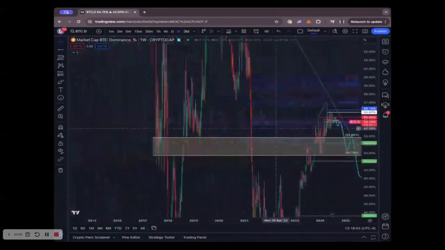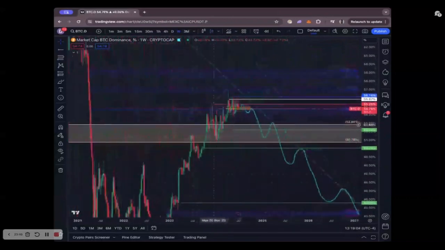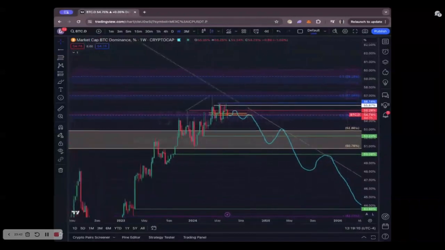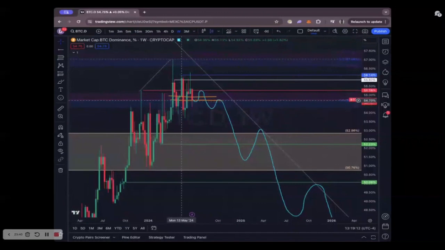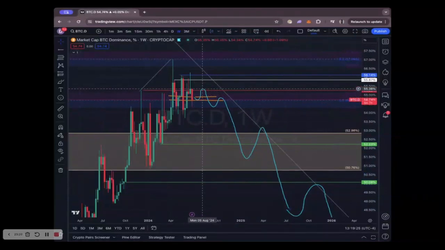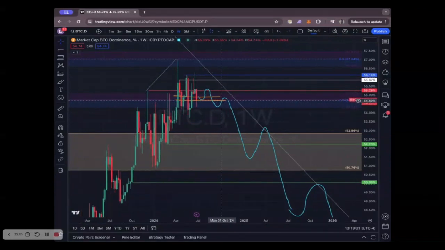On the weekly, I had this drawn up for a long time, as you can see, and we are just closing below 55% on the weekly. So if we can flip 55% on the weekly, maybe I'll tilt this up just a tad bit, then we pump into 55 and take a weekly close under 54.7.